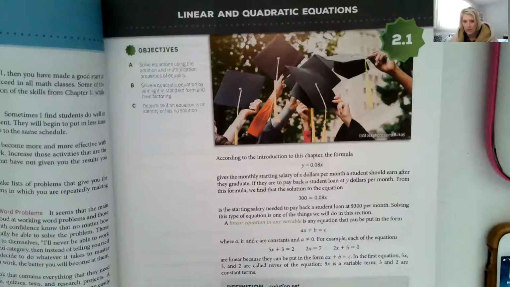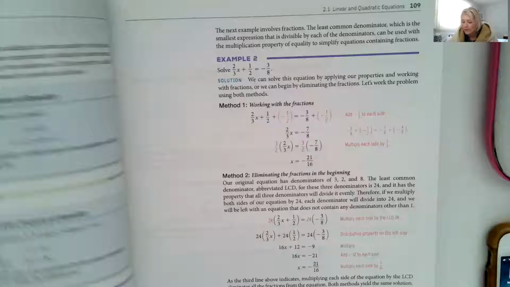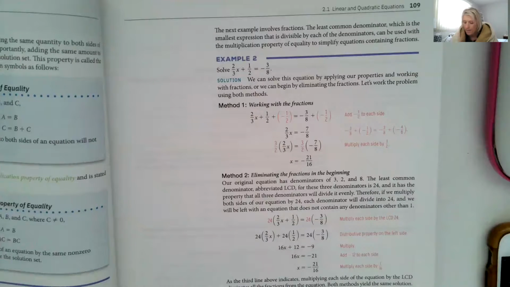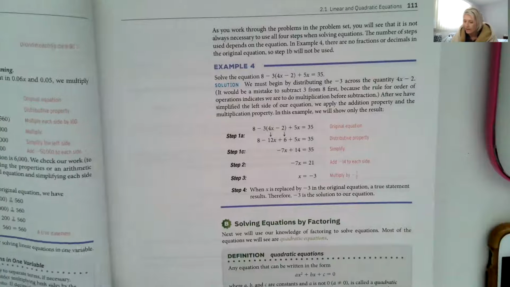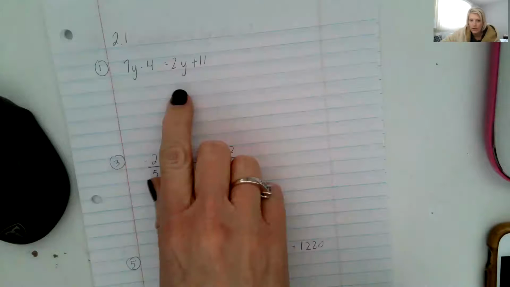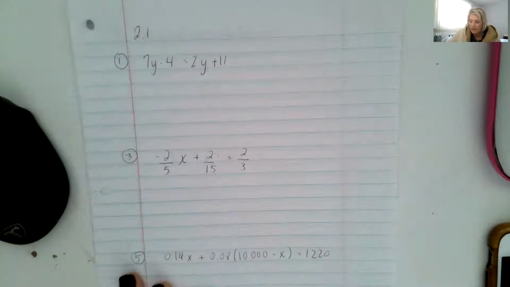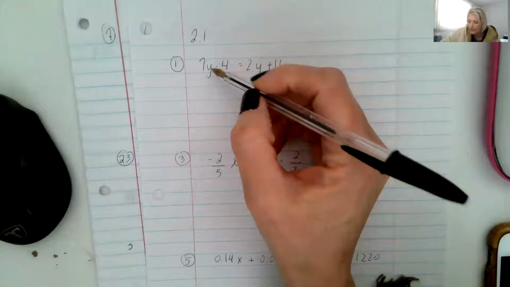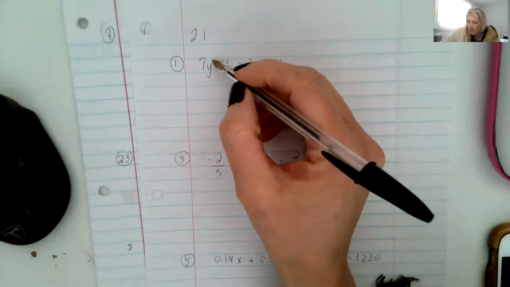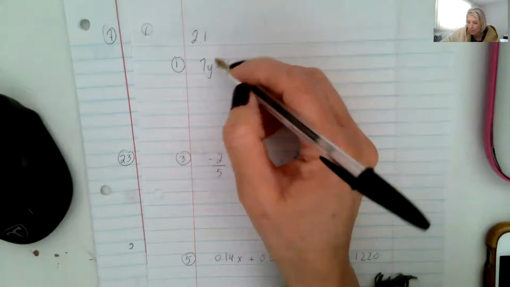One is called linear equations because, for instance, they only have one variable, which in this case is y, and neither of these variables has an exponent other than just this unsaid one.